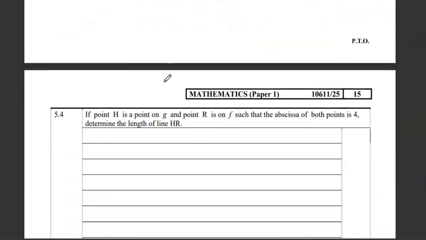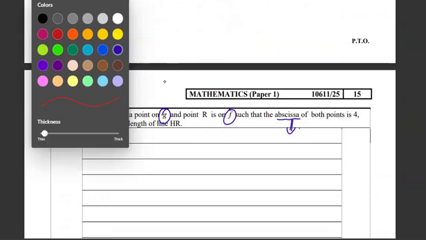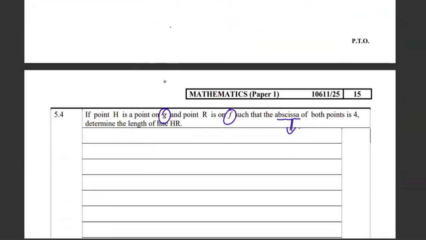Then they are telling us that H is a point on G, R is a point on F, such that, yes, this word, guys. Something is not right. I mean, the examiner cannot be examining English instead of maths, because this word is complex.